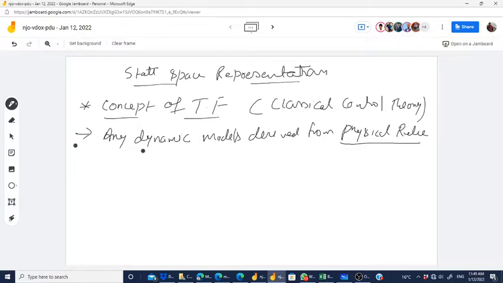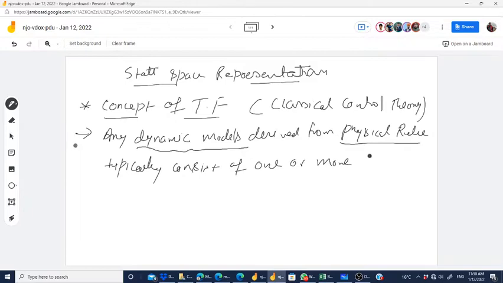Okay, and the model, obviously, will come in the form of dynamic equations, right? First order differential equation, which typically consists of one or more ODEs. ODE means ordinary differential equation. So the model will come in the form of the differential equation.